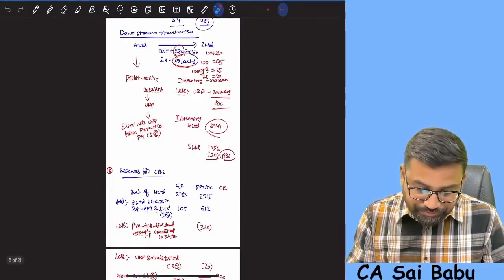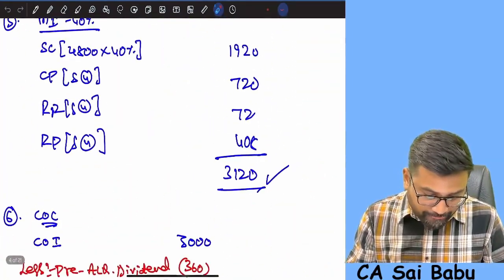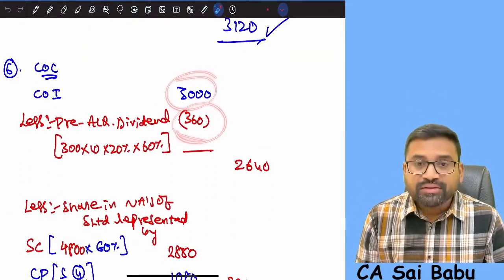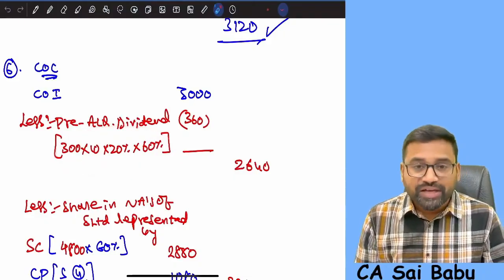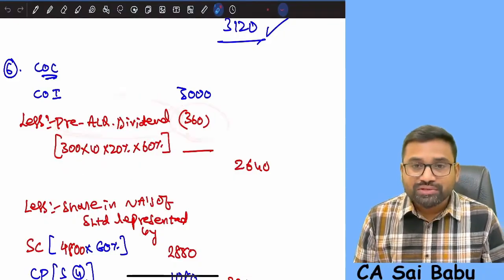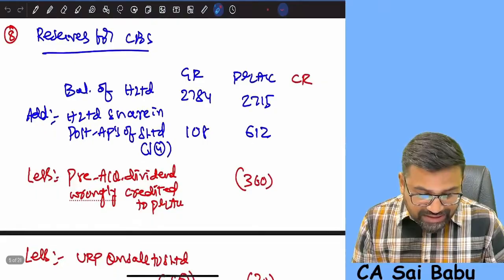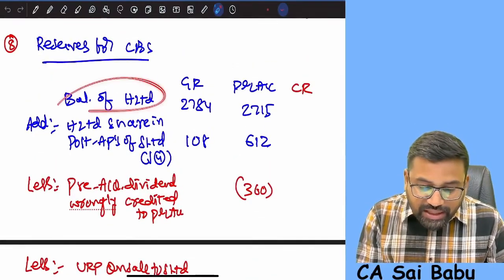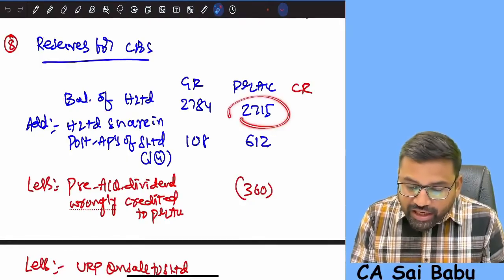So see this. In this question, while preparing cost of control, from the cost of investment, the parent company's share in the pre-acquisition dividend is reduced. And also when I am preparing step number 8, reserves for consolidated balance sheet, first I consider the balance sheet balances of the parent limited P&L account, 2715.